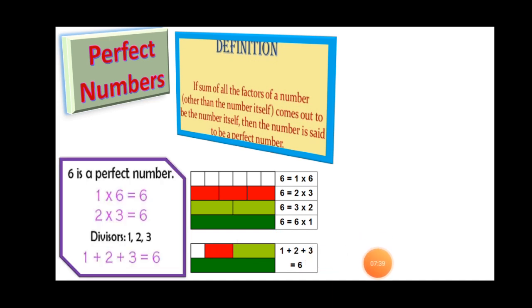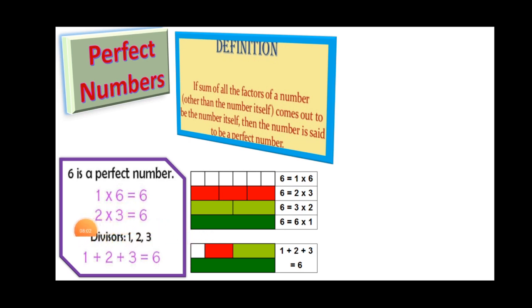So children, you can see here 6 is a perfect number. Why so? When we talk about its factors, you can see that 6 can be expressed as a product of 2 numbers in such a way that when we multiply 1 with 6 we get 6, as well as when we multiply 2 with 3, in that case also we obtain 6.